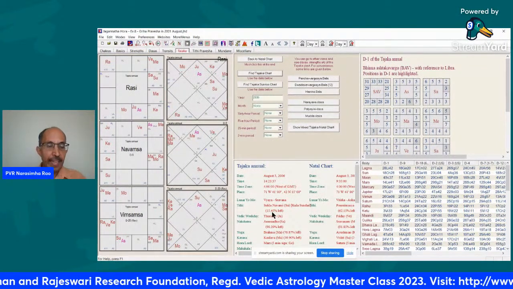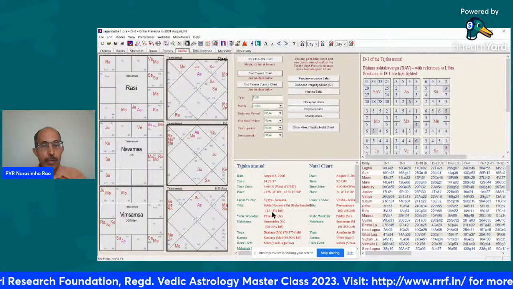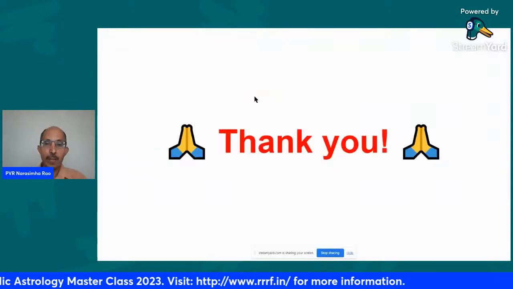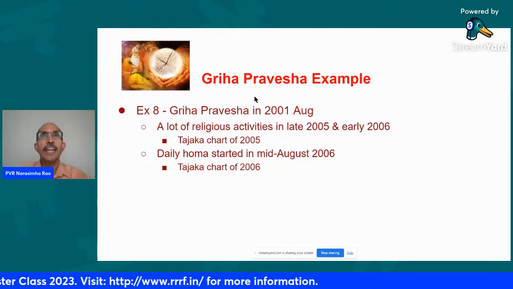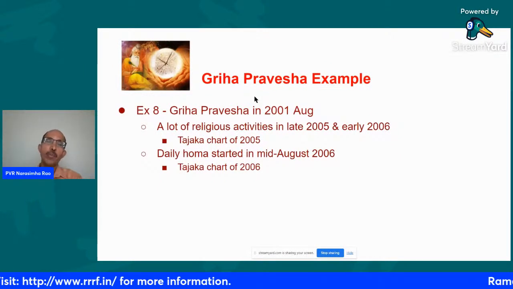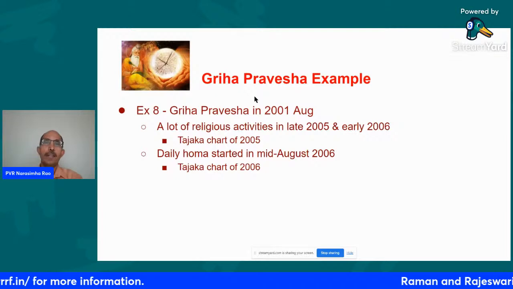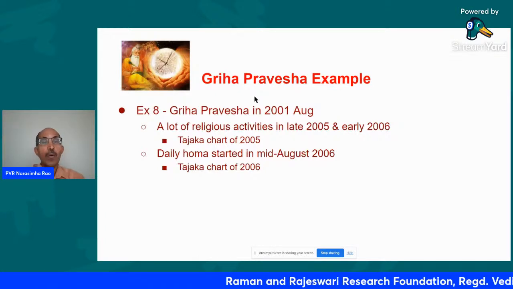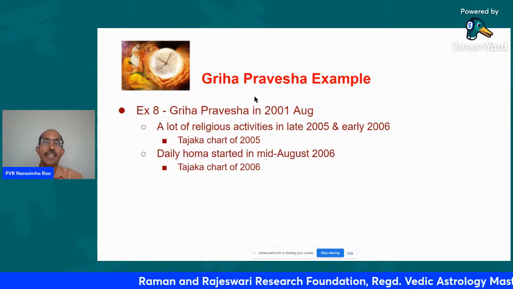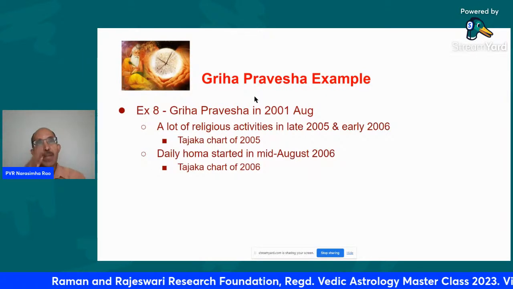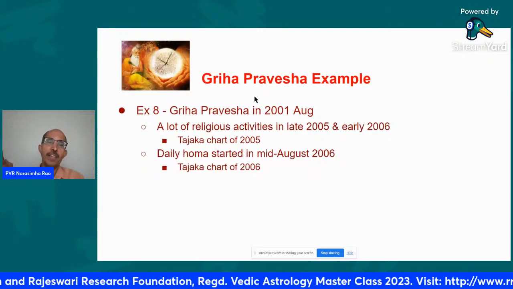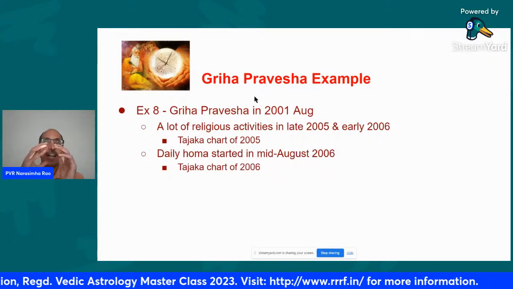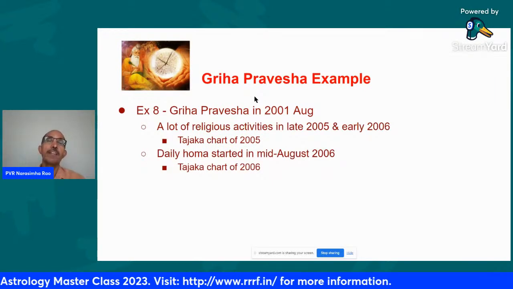So, like this, basically, you can see events like a wedding, starting a new job, or moving into a house, etc., or taking oath as the prime minister or president of a country, etc. Look at the annual Tajika Tithi charts of a year to see key events relating to that particular area of life in that particular year.